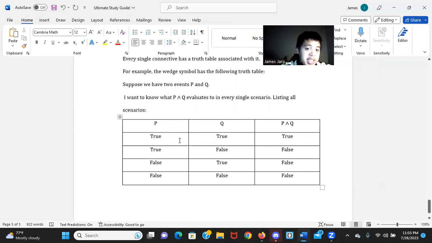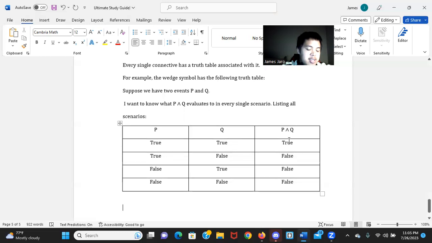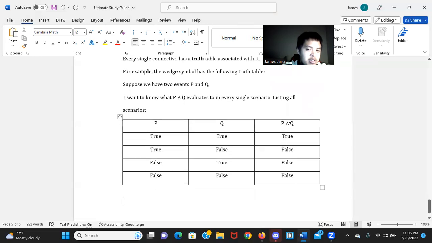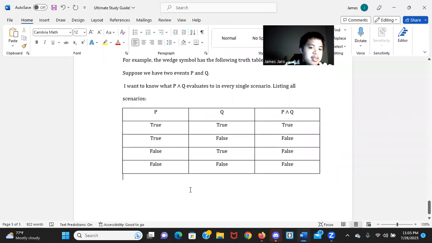It doesn't matter what events P and Q are, as long as we have two events connected by an and symbol, we know it's going to evaluate to true when both events happen and false everywhere else.